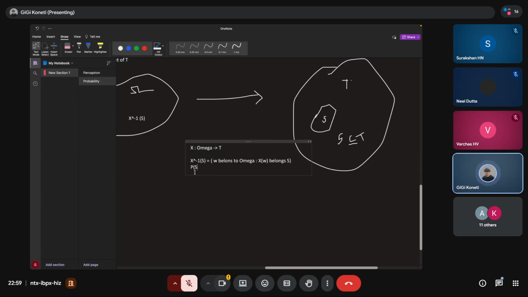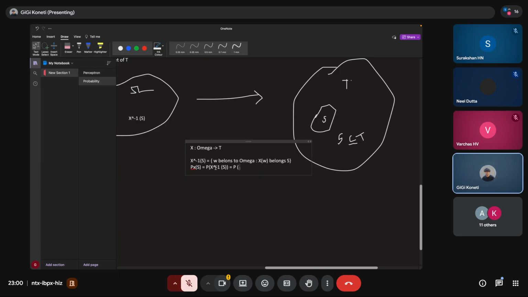So probability of S, how we define? We define it as probability of x inverse of S. तो यहाँ पे it will be just probability of the above function which we write.